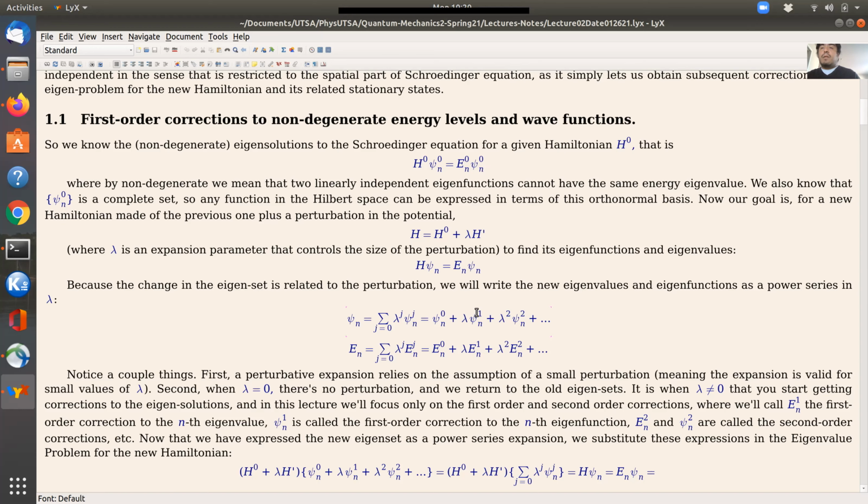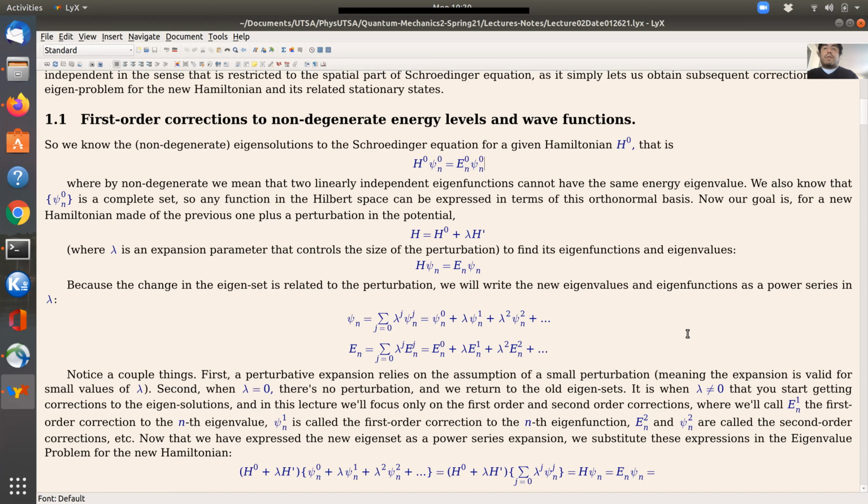This is the correction at order 1. Remember that we will make the parameter lambda equal to 1 at some point. Then this is the correction of order 2 because it's related to the power lambda squared, and so on. If you make lambda equal to 1 at the end, this will be the first order correction, the second order correction, and so on. But it's good to keep lambda for a good amount of the calculation, precisely to keep track of the order of the corrections.